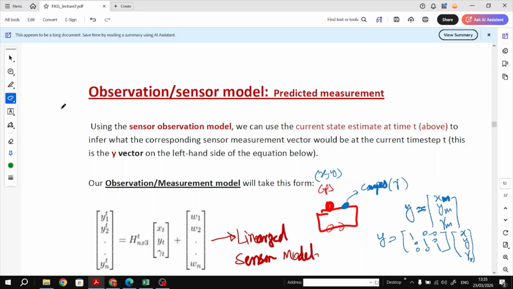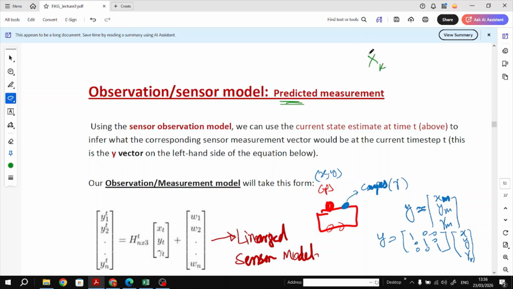Okay, next we see the sensor model or observation model, how we can incorporate the sensor measurements in the state prediction produced by the system model. So what is the observation model first of all? The observation model will give you the predicted state.